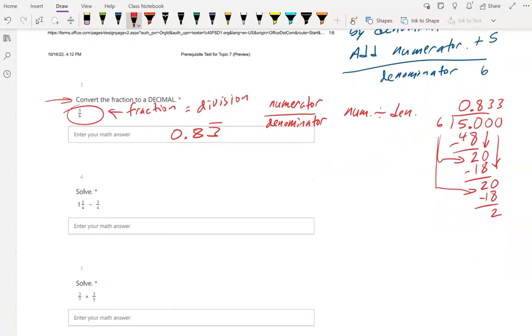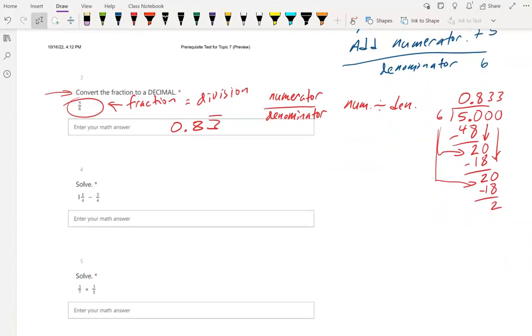All right, well, now we are going to take a look at the next one, and we are supposed to solve 1 1/4 minus 3/4. 1 1/4 subtract 3/4. Now there are several ways that we could do this. But the first thing we're going to do is use the new skills that we learned in the first problem, convert the mixed number to a fraction greater than 1.